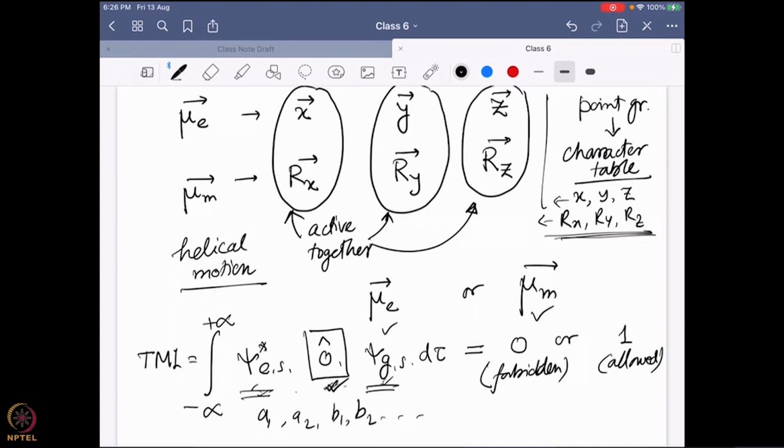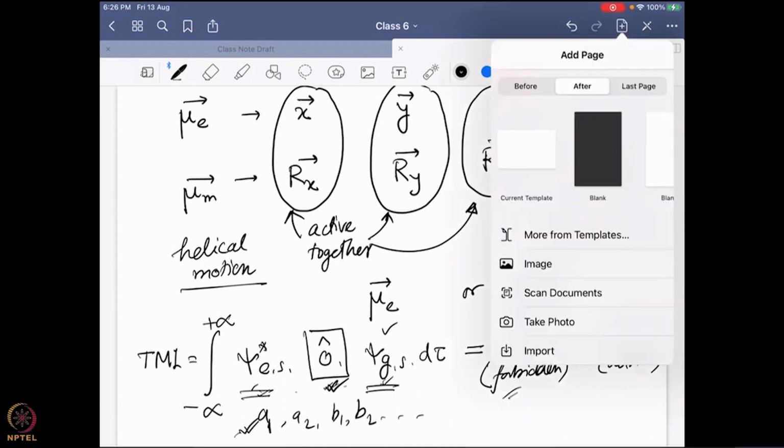That means whatever symmetry element you apply on that representation, nothing is going to change. For example, for C2V, it is A1, generally the first symmetry representation. If you get that, you get a value of 1, that means allowed. If you get anything else, that will be 0, that means forbidden.